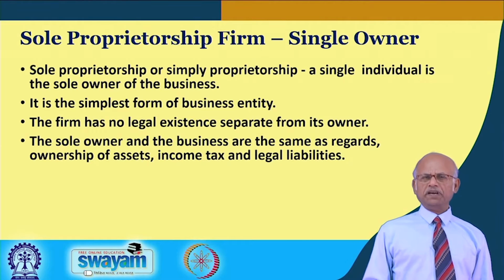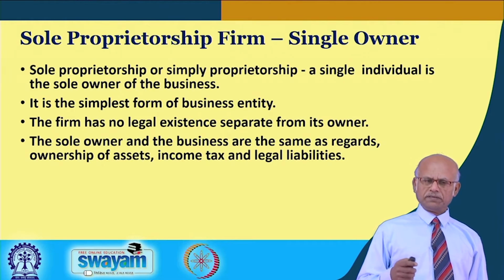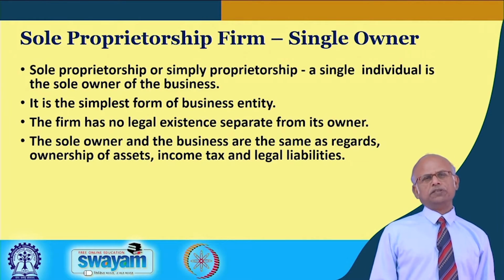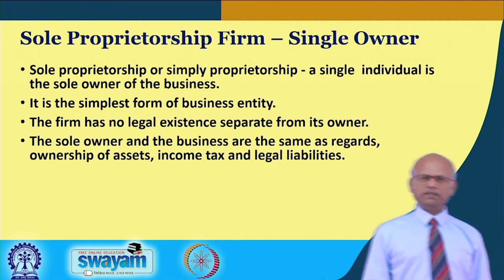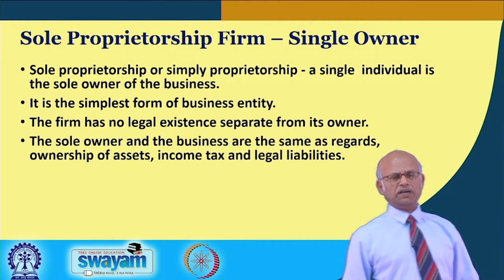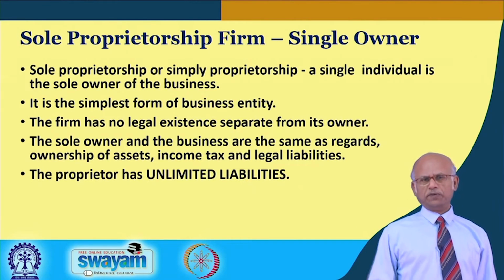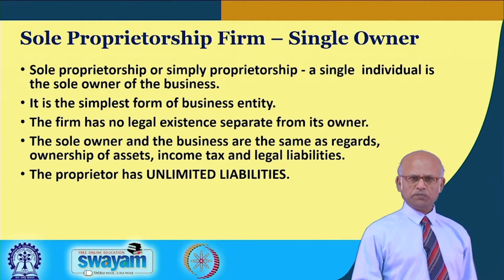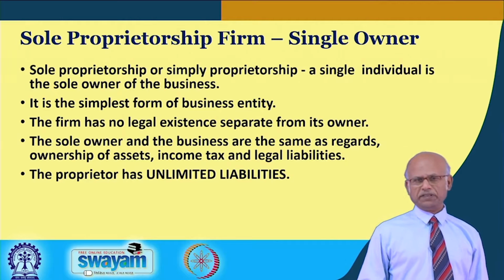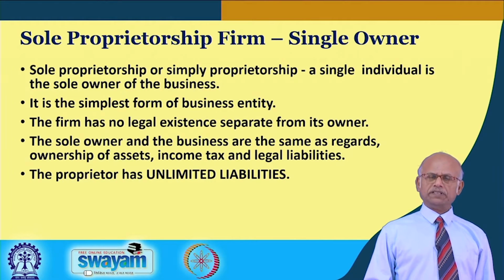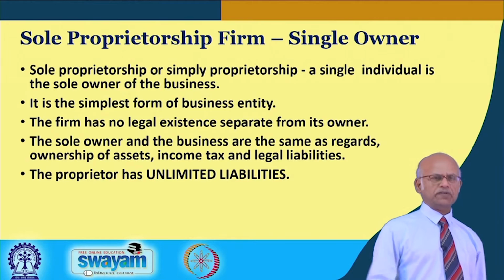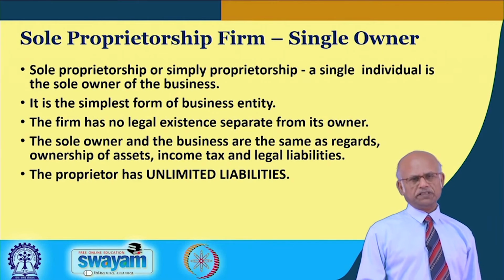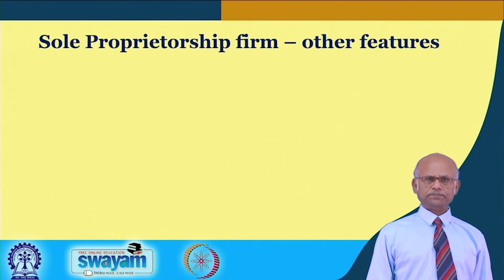It's regarded as a single entity, the owner and the business, as regards ownership of assets, income tax, and external legal liabilities. They are not separable. Proprietorship is characterized by unlimited liability, meaning that the liability of the business and the liability of the proprietor are not different; any liability for the business is a liability for the proprietor.